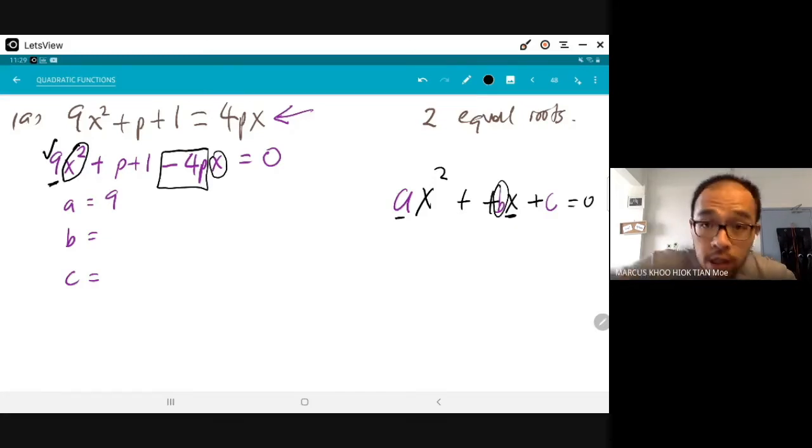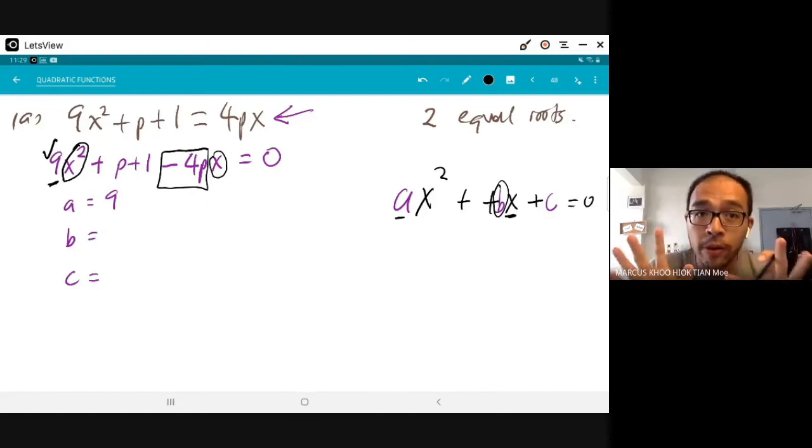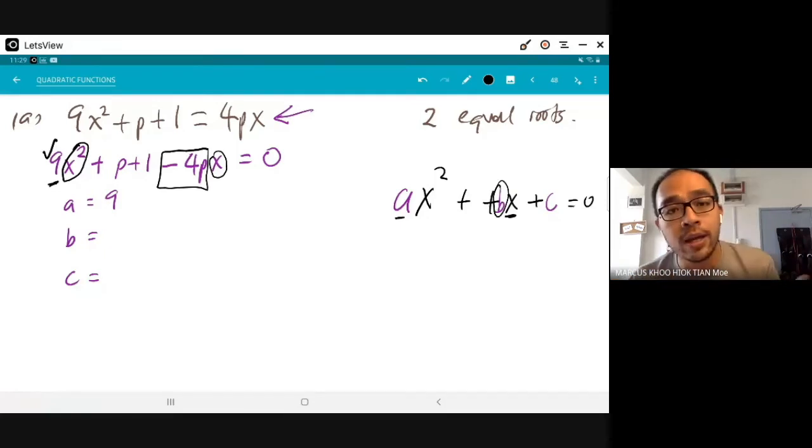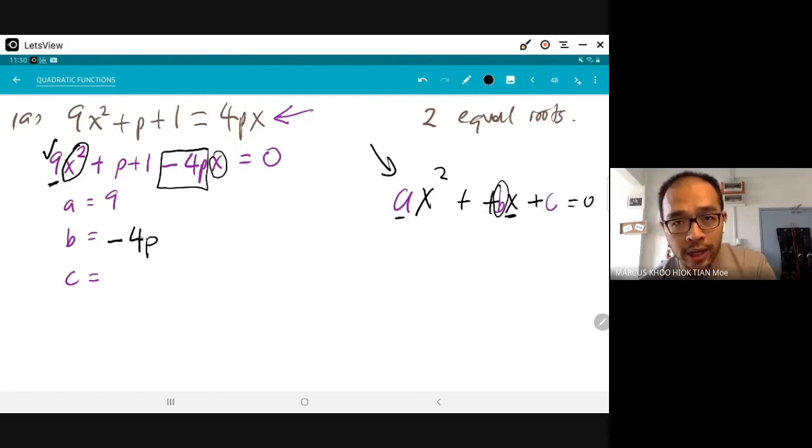Even though they are at different positions, don't be confused with the position. The position is not important. What is more important is who they are stuck with. Are they stuck with x squared? Are they stuck with x? Or are they left alone? So the B is actually negative 4p. Because I can make it ax squared plus c plus bx, it's the same thing.